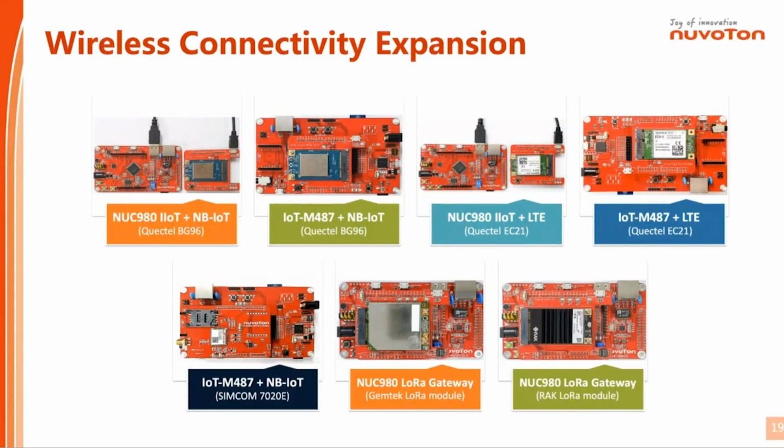The NuMaker IoT M487 board directly plugs the adapter board into the Arduino Uno interface, provides the NB-IoT and LTE connection capability through the UART interface on Arduino, and is driven by Mbed OS. At the bottom right, on two boards, the LoRa gateway adapter board is plugged into the Arduino Uno interface of the NuMaker NUC980 board to provide the LoRa gateway solution.